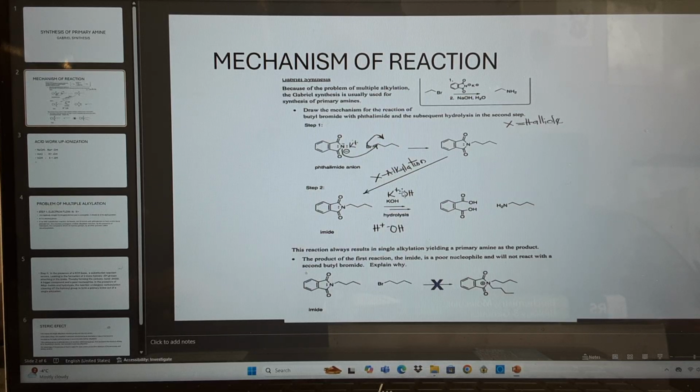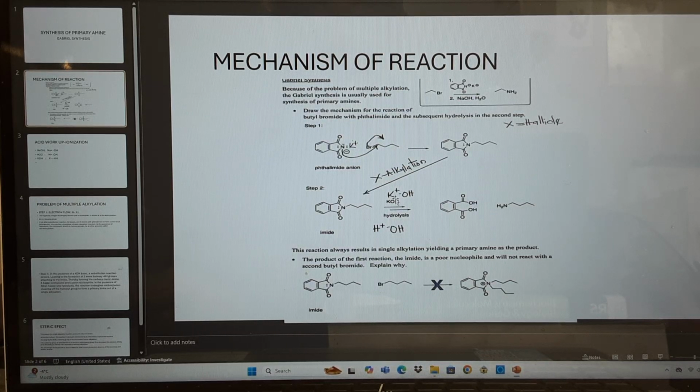That is the sodium hydroxide that was mentioned, which led to carboxylation and alkylation to cleave off these 2 hydrogens here to form an amine.